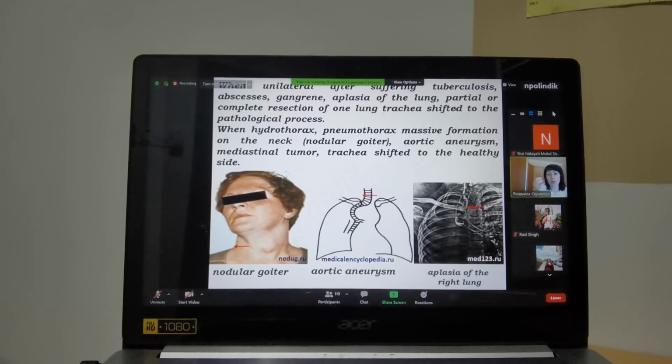But vice versa, when we have lung collapse due to obstruction, for example obstructive atelectasis, or lung fibrosis, in this case the trachea will turn to the affected side. Those are only examples of what I said.